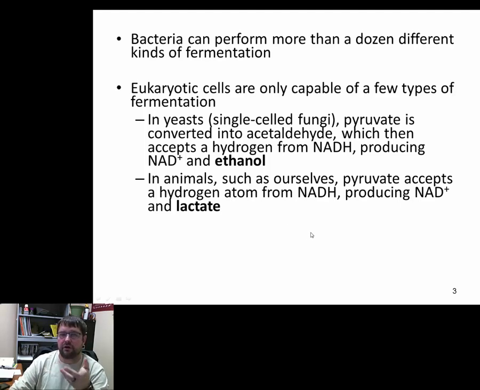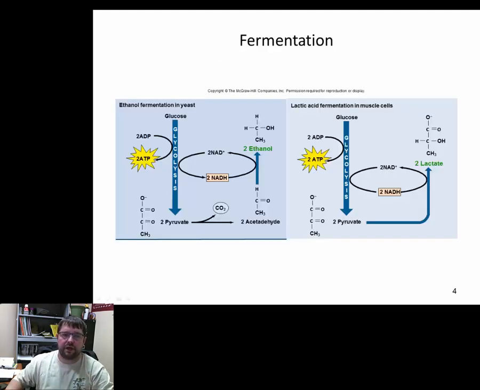And so I'll show you how this is done in this diagram. Again, we already talked about glycolysis. We talked about converting glucose, breaking that 6-carbon molecule down into 2 3-carbon pyruvates, and the generation of ATP occurs from that. Now you have these 2 3-carbon pyruvates.